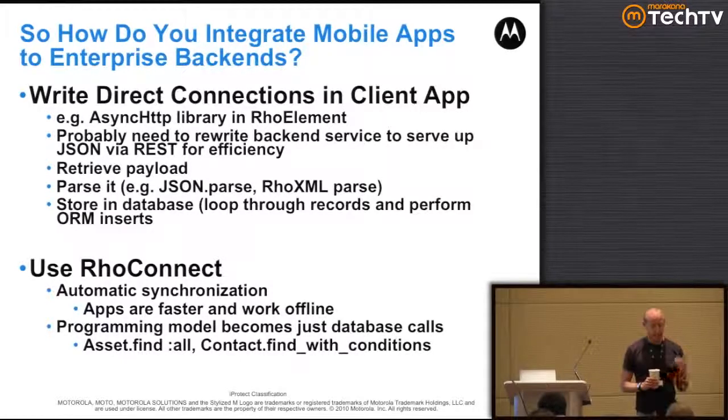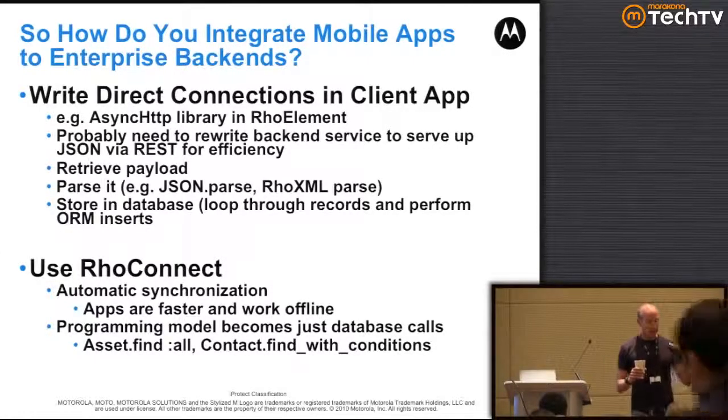And what I say is a couple things. One is, this is not a RhoElements talk, so I won't go into details, but on Android it actually is faster due to the fact that we use the NDK, and it will actually be faster to do business logic than it would be with Android Java.